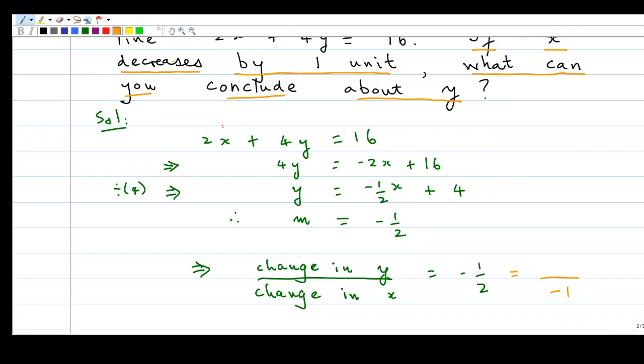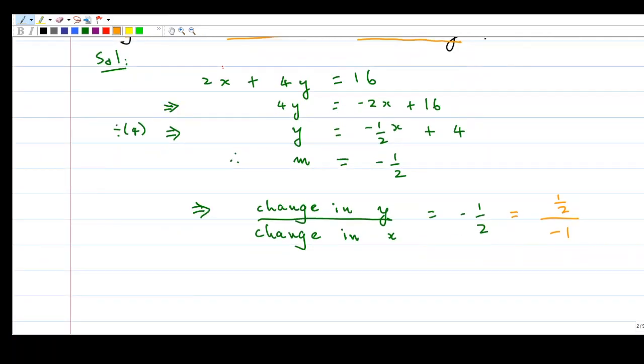So you can see from here, for equality, we must have the change in y to be half. So therefore, your y increases by half.